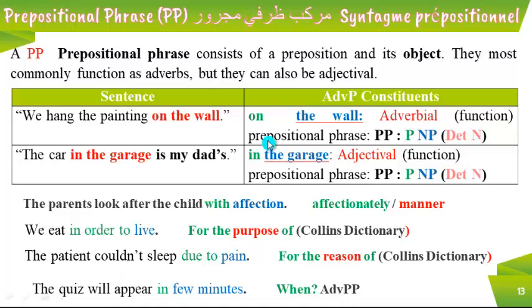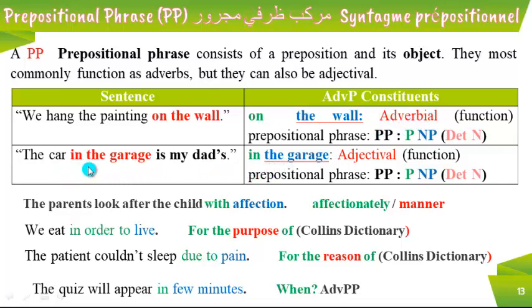So on is preposition, the wall noun phrase. The constituents are noun phrase, preposition plus noun phrase, but the function is adverbial. We can ask the question, they hung the painting where? So it is an adverb of place.